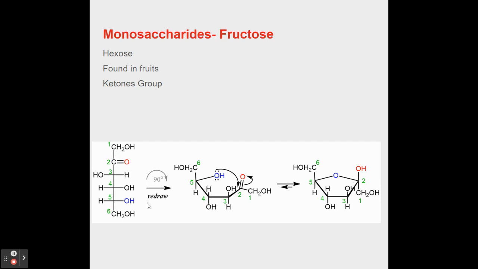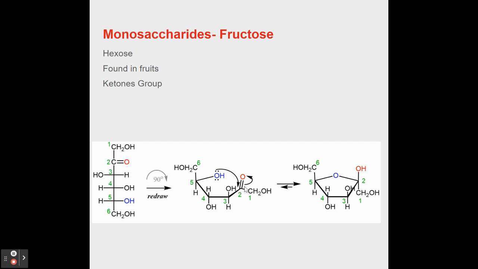And what's going to happen is that the OH on 5 is again going to have a nucleophilic attack on this carbonyl group right here, because that carbon is now partially positive and this oxygen is electronegative.